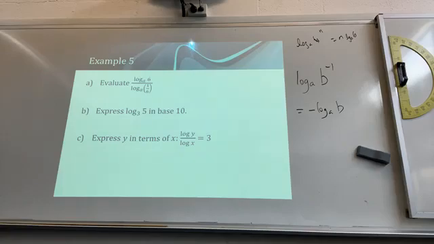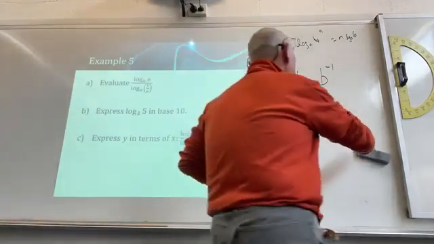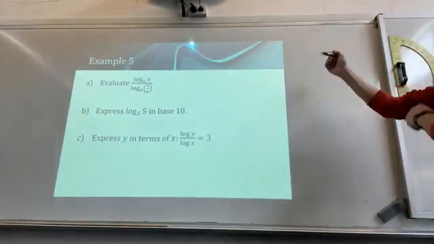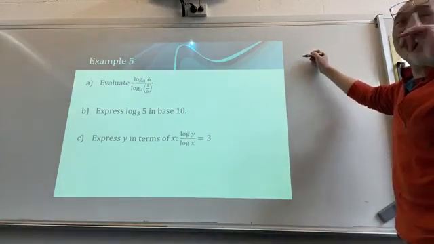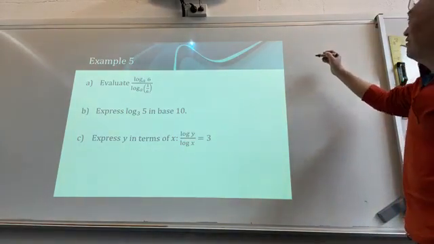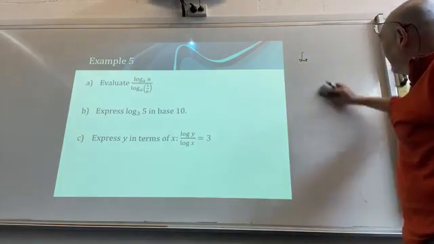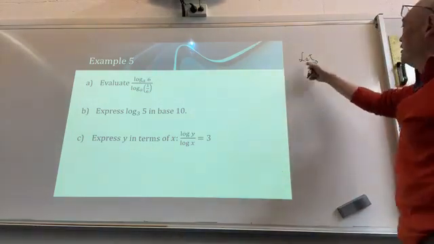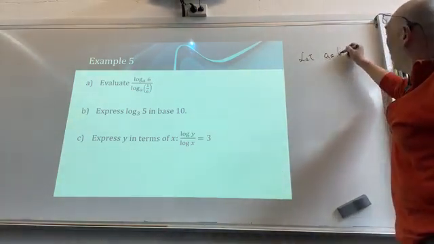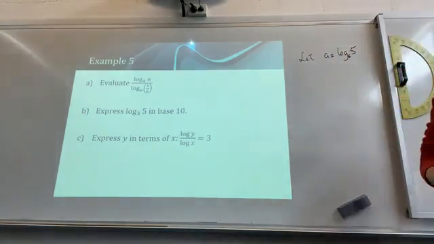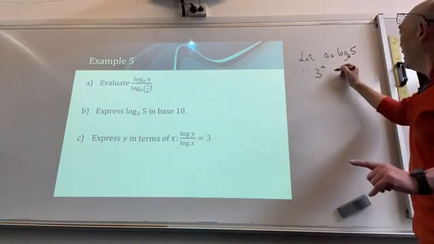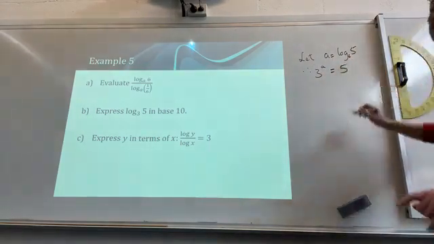Alright, I'm going to use B to actually explain the change of base. Watch please, everyone. This is your question. I'm going to use this to explain the change in base. So let A equal log base 3 of 5. Therefore we know 3 to the power of A equals 5.